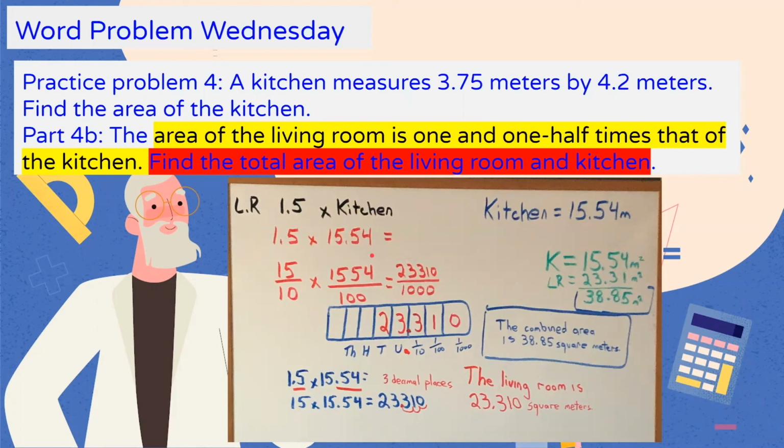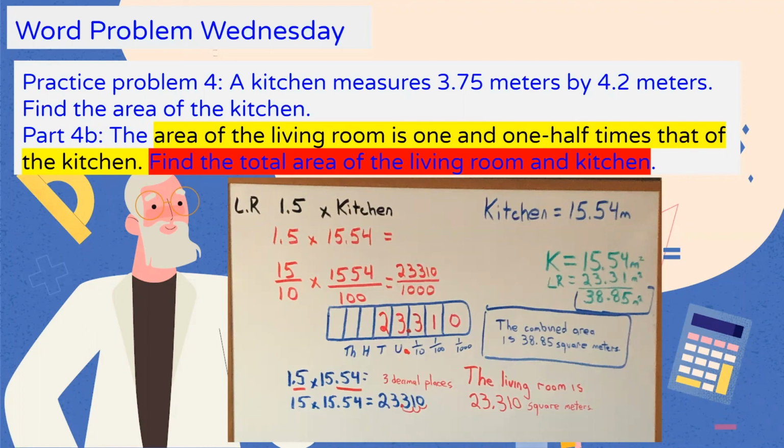And what do we come up with? Well, that's 15 tenths times 1,554 100ths. That's going to give us a total of 23,310 1,000ths. So again, I moved the 0 into the thousandths place, the 1 into the hundredths, our 3 into the tenths, our next 3 into the ones, and then the 2 into the tens.